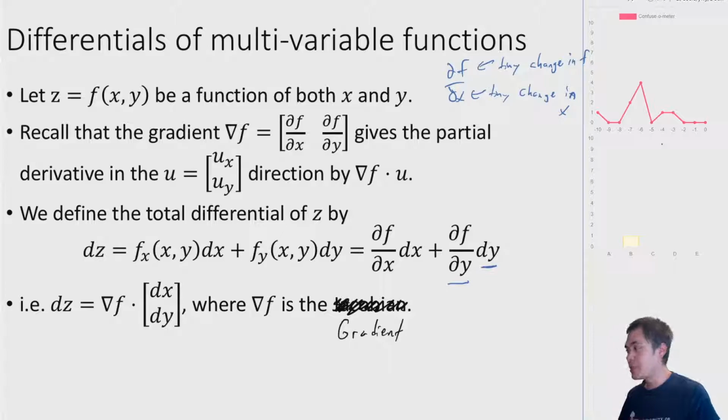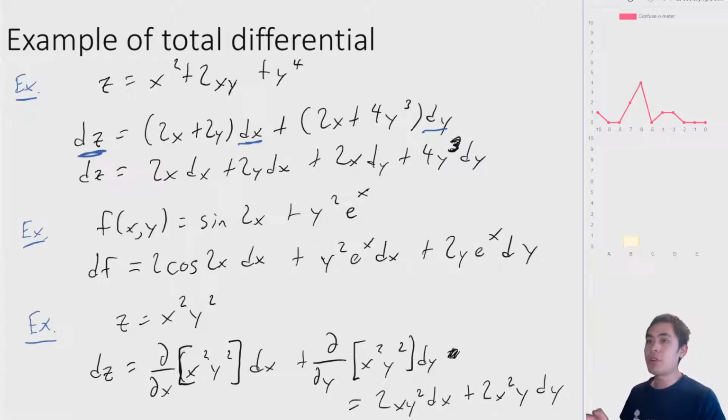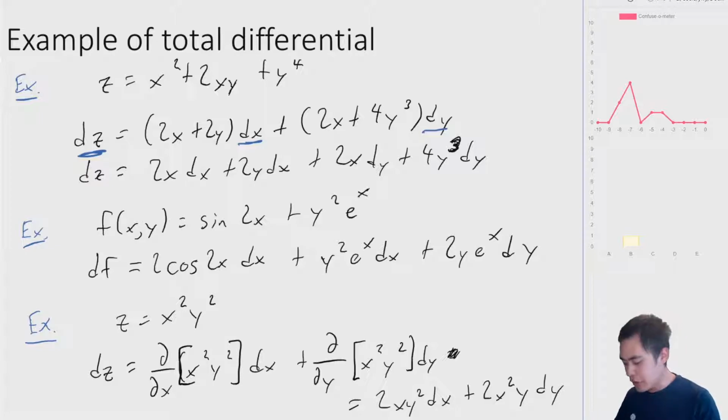We gave a couple examples of this, where we took a particular function z of x and y, and then took the differential: dz is equal to the partial derivative with respect to x times dx plus the partial derivative with respect to y times dy. Okay, any questions on that so far? This is all a review from last time.